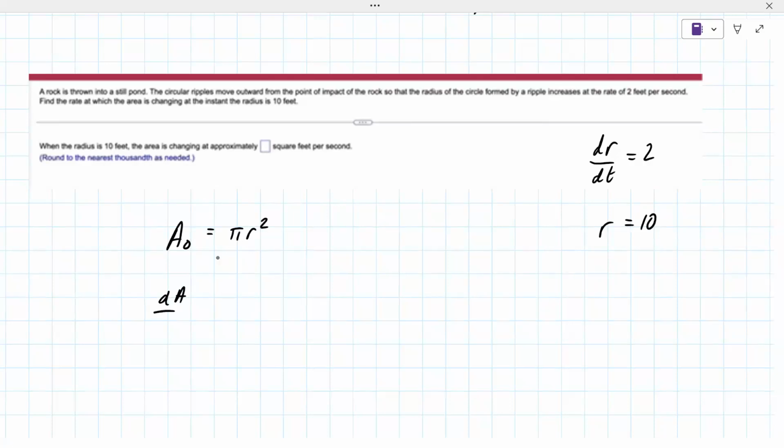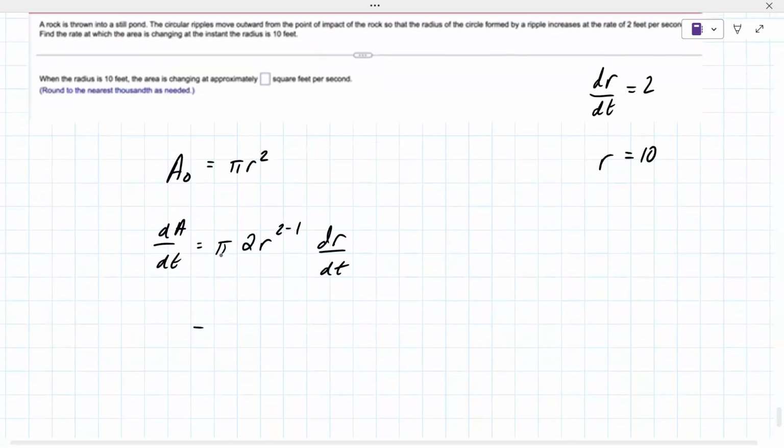So dA/dt, pi is a constant. The derivative of r squared is 2r, 2 minus 1, times dr/dt. So this is 2 pi r times dr/dt. All right.